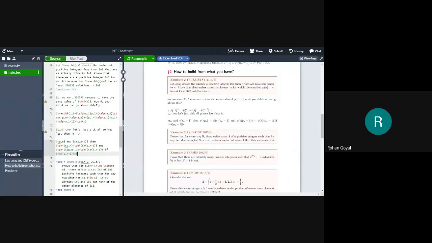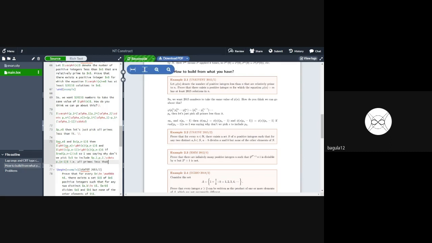So I was saying, if we want this, why don't we pick S to include P1, P2? What we have done is that we have taken all 2015 primes.